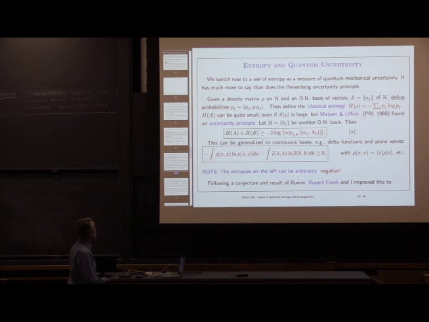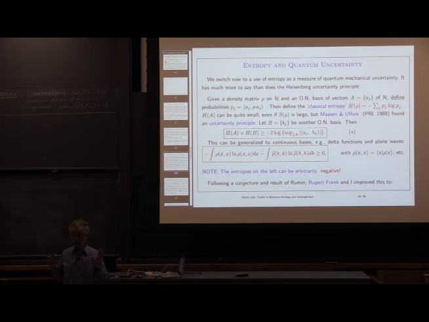All right. Good. So now, the next topic I would like to talk about, again, is entropy. But this time it's not about entanglement, although that plays a role. It's something most of you have probably not heard about, but there's a classic paper of Maassen and Uffink, and it has to do with the Heisenberg uncertainty principle.